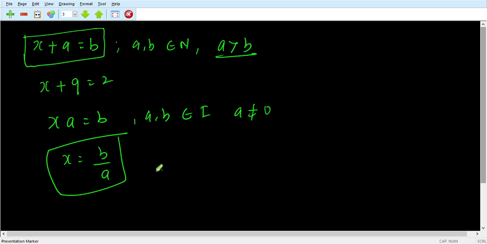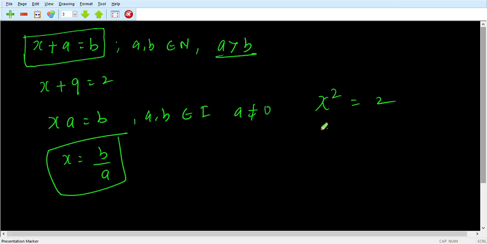Now the equation of the form ax is equal to b, where a is not equal to 0 and a and b belong to integers, is uniquely solved if you extend your number system up to rational numbers. But what about the equation x square is equal to 2?